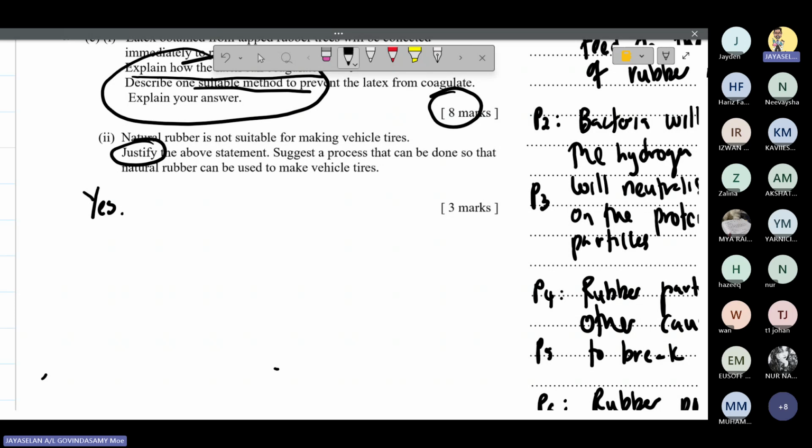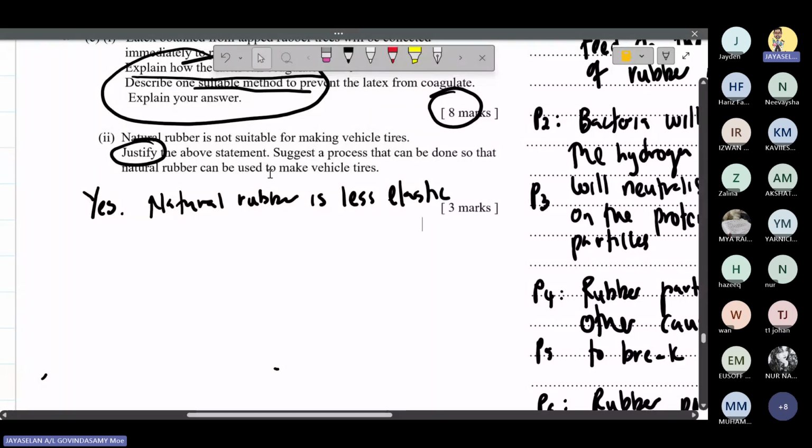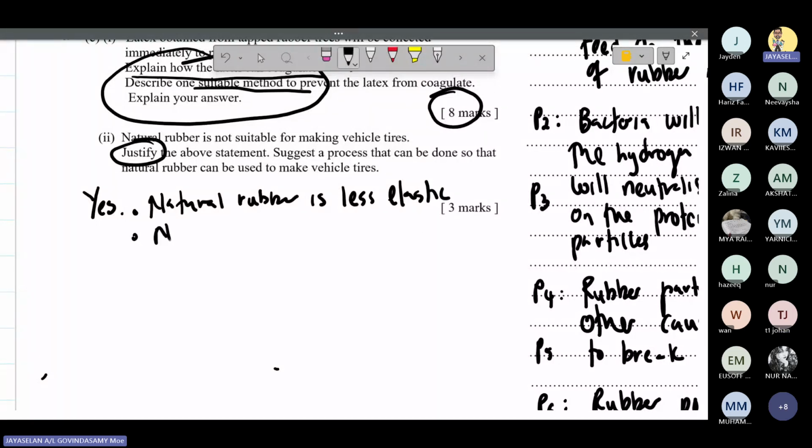Very simple. Your first point is that natural rubber is less elastic. One more point: it is not heat resistant, or cannot withstand high temperature and pressure.